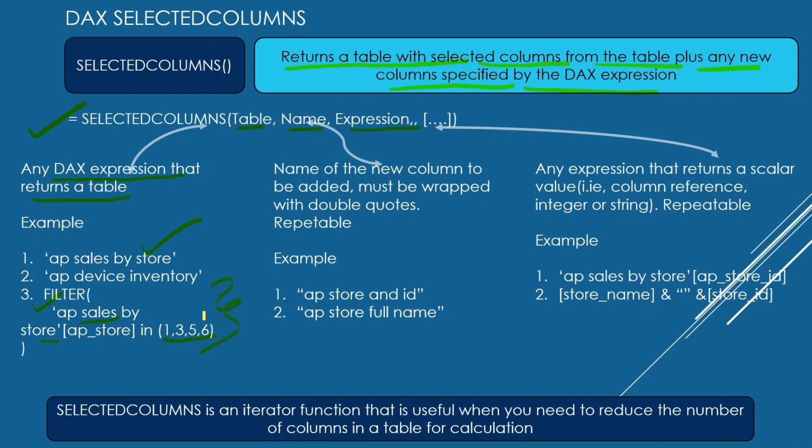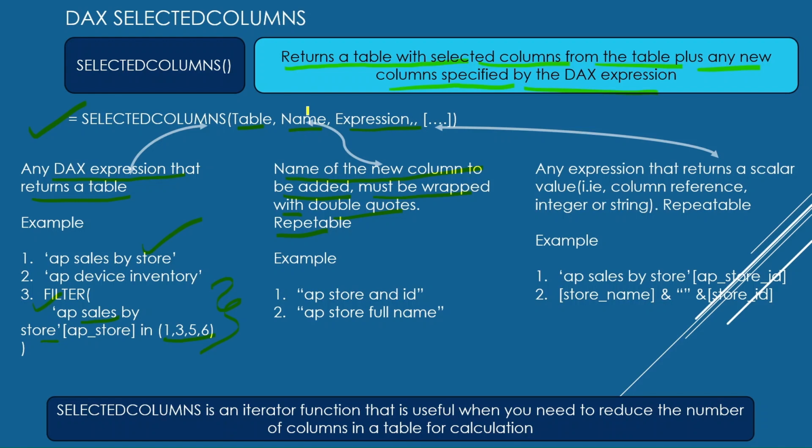Now let's discuss the name parameter. The name of the new column to be added must be wrapped in double quotes, and it is repeatable. So what does it mean?